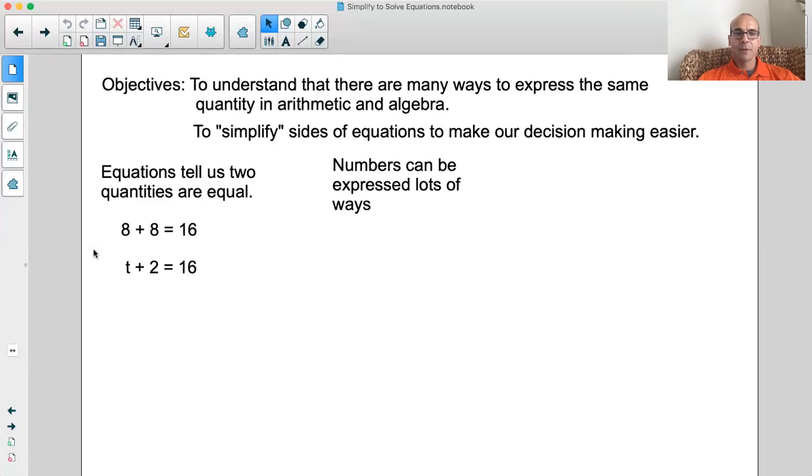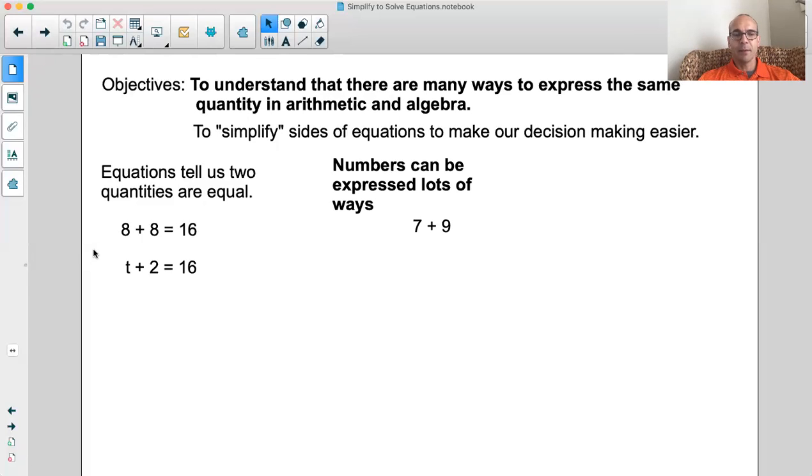So numbers can be expressed a lot of ways is something else to keep in mind. And numbers like 16 can be expressed as 8 plus 8. They can also be expressed as 7 plus 9. What you want to do, though, I think, is you usually want to have the most convenient approach. You don't say, how much is this dinner going to cost? It's going to cost us 7 plus 9. You would say it's going to cost us 16. That's the most convenient approach.